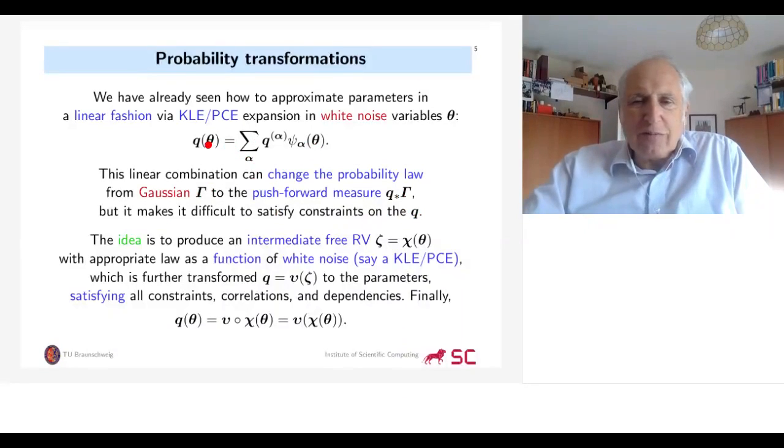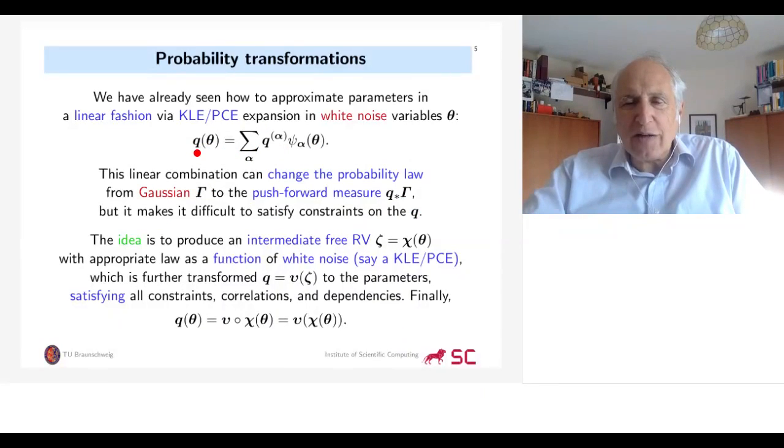For instance, if I want Q to be positive, it's very difficult to say how the coefficients should be so that this is positive for all theta, okay? And that's why I modeled the log of Q. You will see this is a special case of a general idea: I model an intermediate random variable, zeta here, as chi of theta. This could be a PCE like this here.